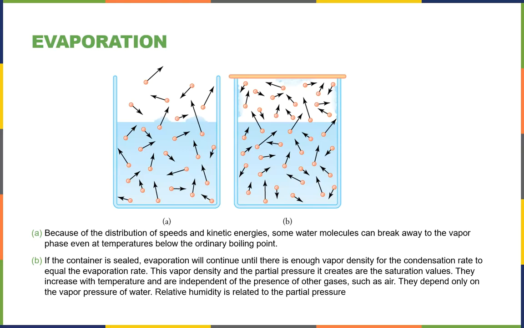If I put a lid over it, the molecules that escape stay right there in my vessel. And so they're going to come back, and I'm quickly going to reach an equilibrium so that I have the same number of molecules leaving per second as I have coming in per second if it's a closed vessel. And in that case, there's a number of ways of talking about this. The vapor pressure above there, the partial pressure of water in the atmosphere, is equal to the vapor pressure of water.